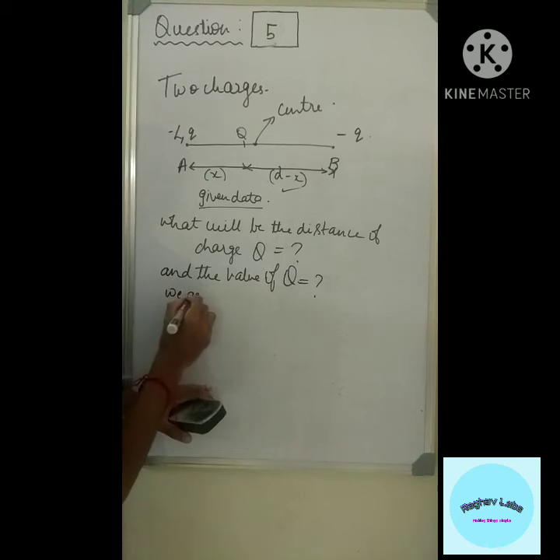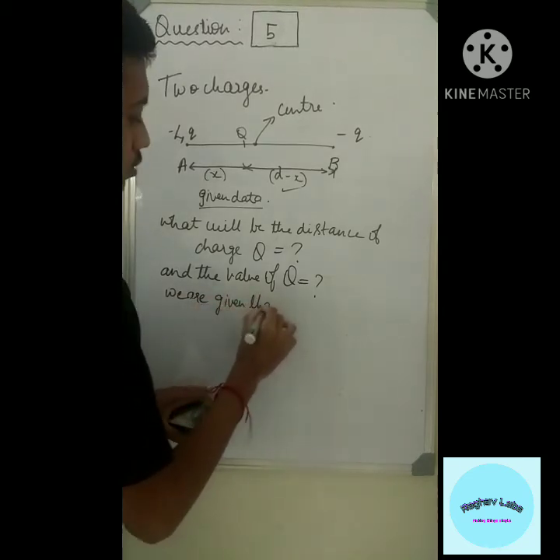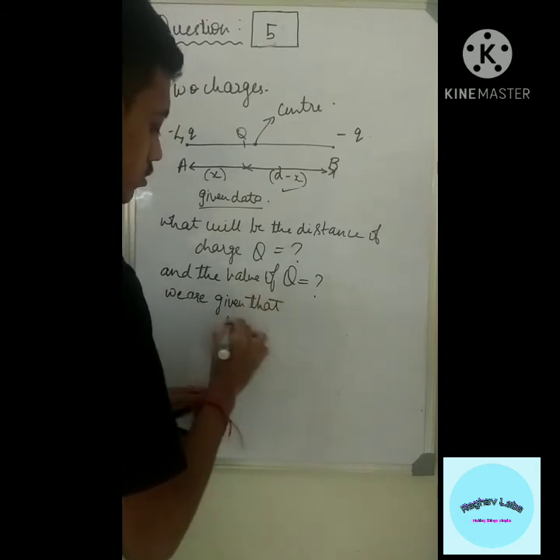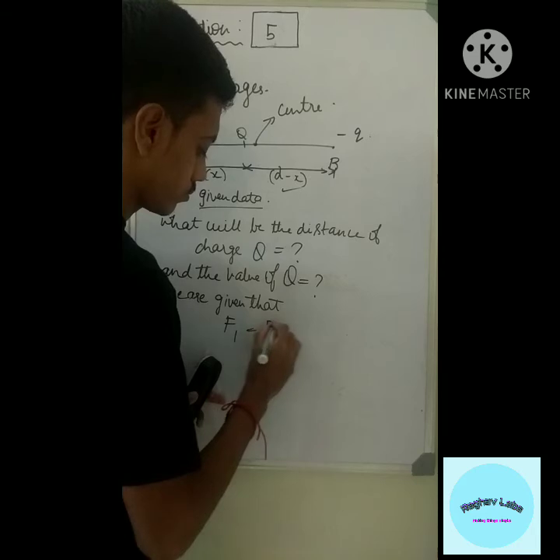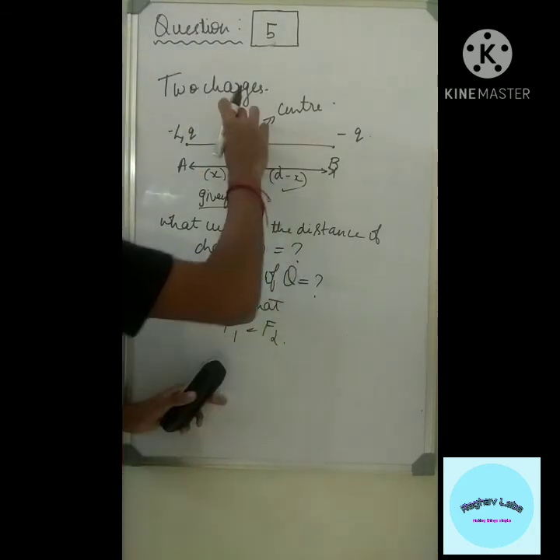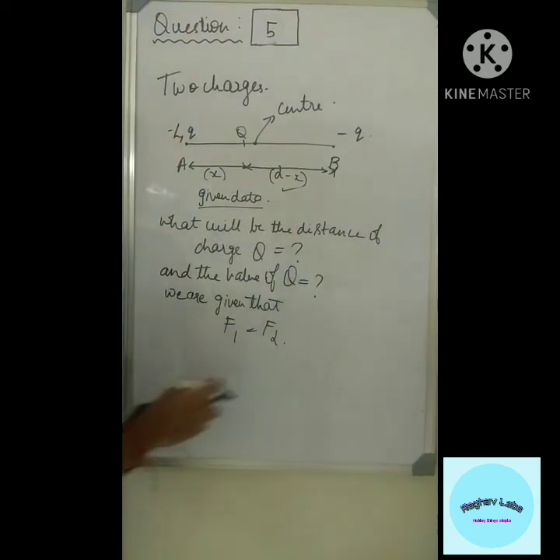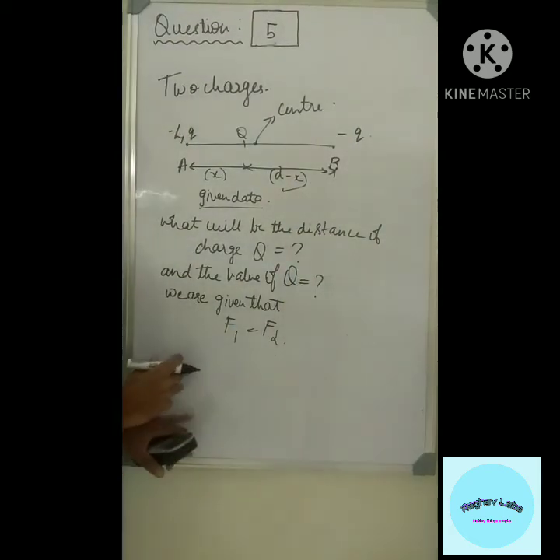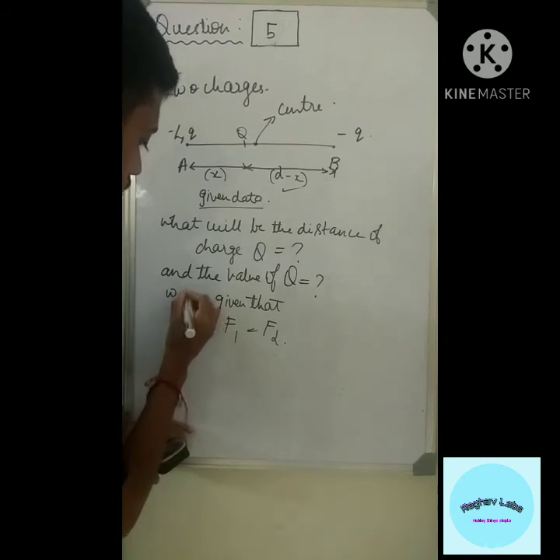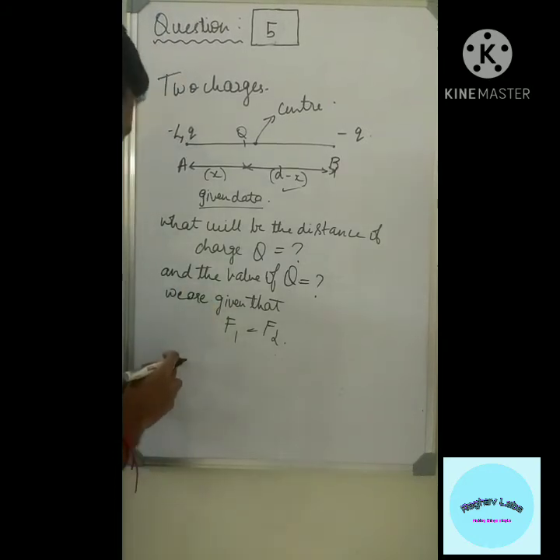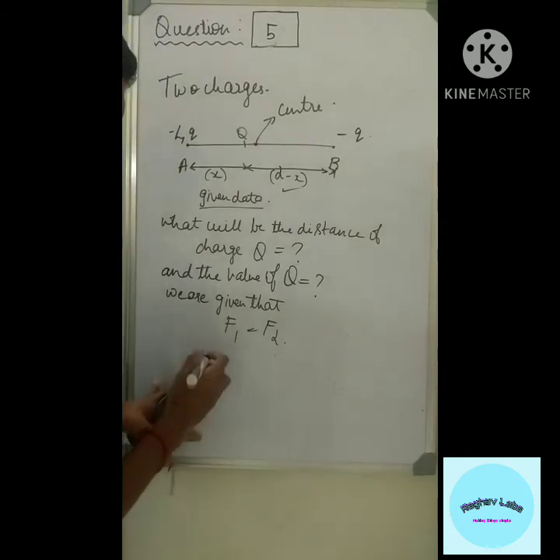We are given that F1, force on charge q from minus 4q, is equal to force on charge q from minus q, right? The system is in equilibrium, right?